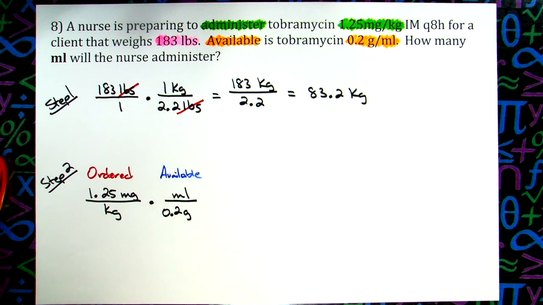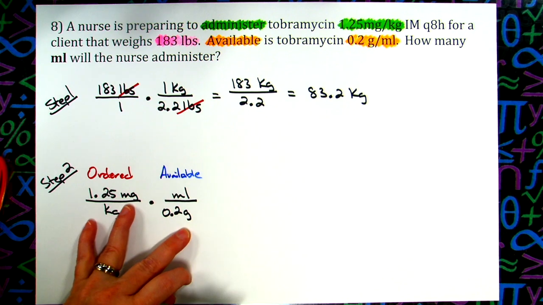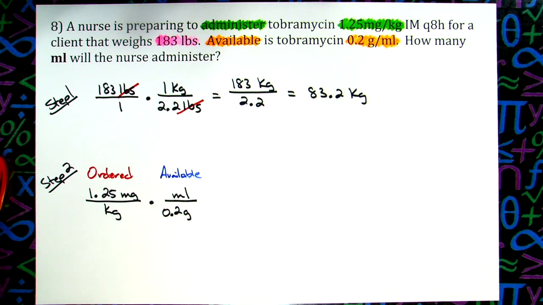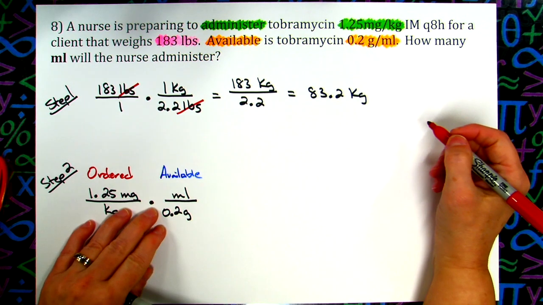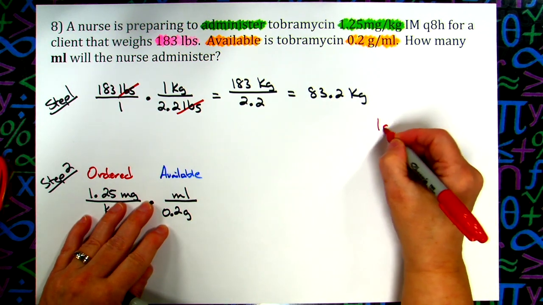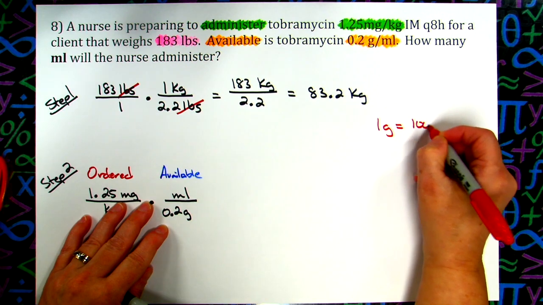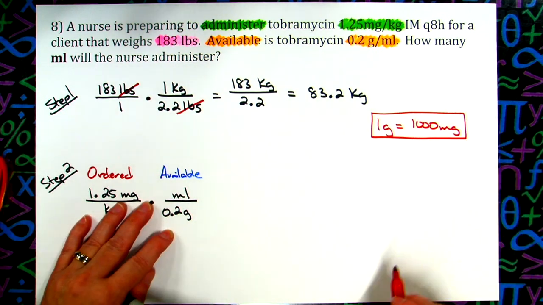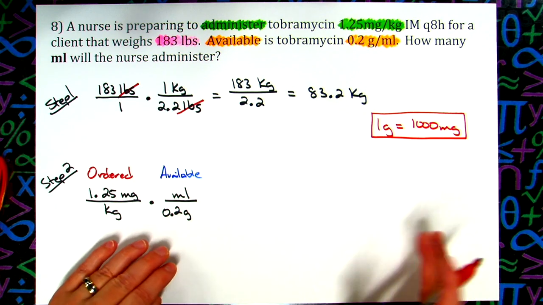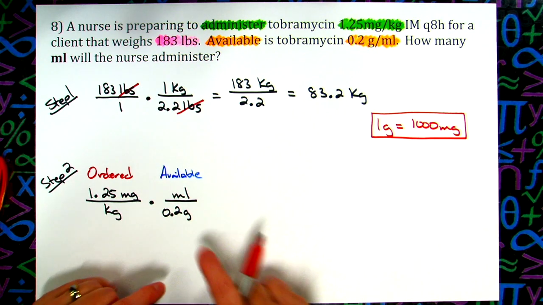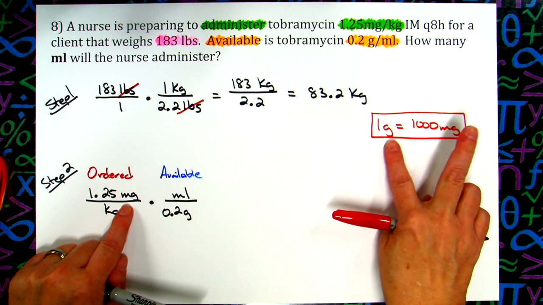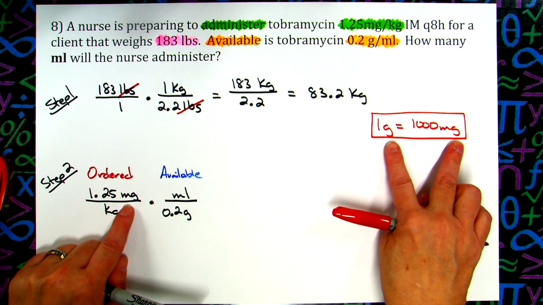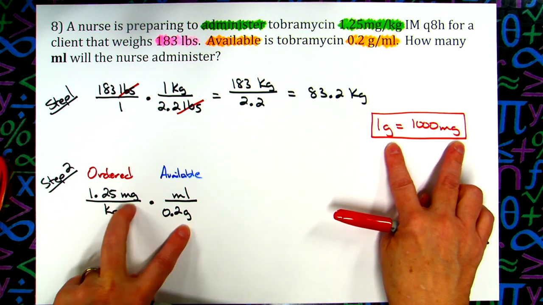I don't have to convert by hopping left or right if I know that, let's write it in red and put it over here, that 1 gram equals 1,000 milligrams. Without using the chart, if I just happen to know that's a conversion factor, now I have both grams and milligrams here.